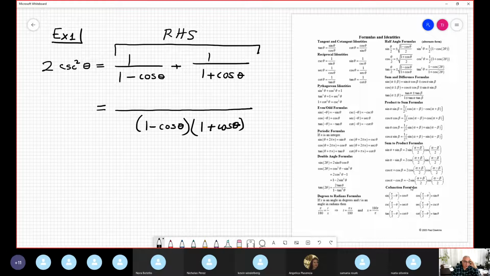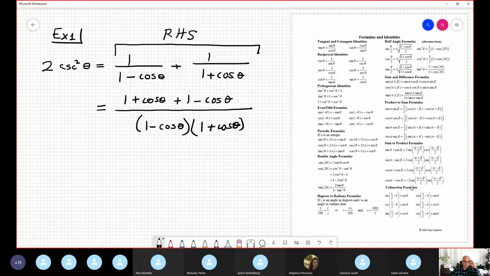Now, when you divide the LCD by denominator 1, obviously what stays is 1 plus cosine times 1, which is 1 plus cosine. When you divide the LCD by the second denominator, it's plus 1 minus cosine theta. Do you follow me? Do you follow the thing we are doing?